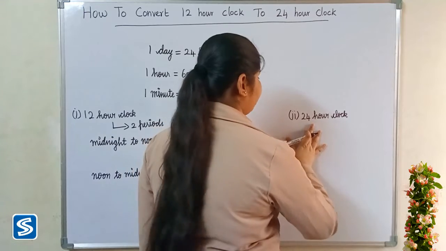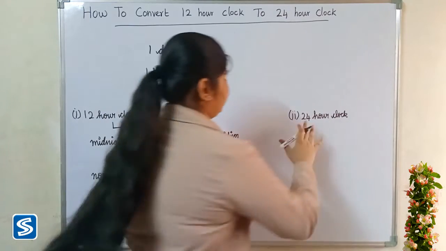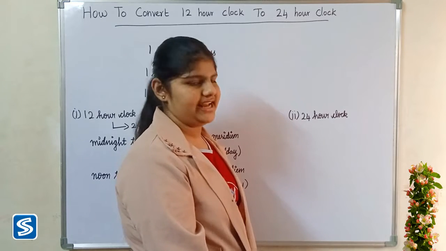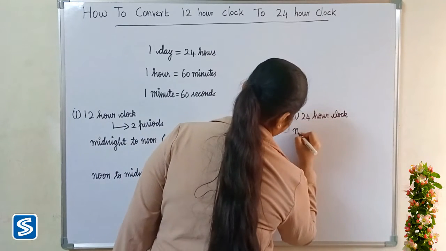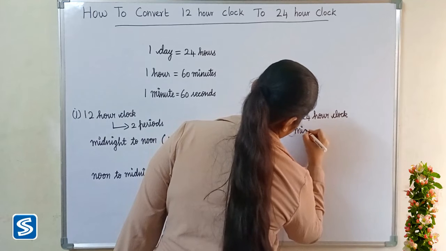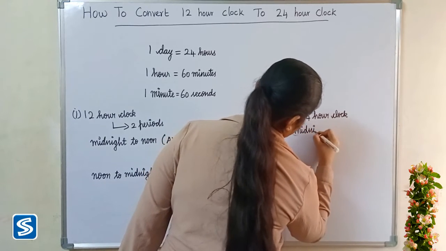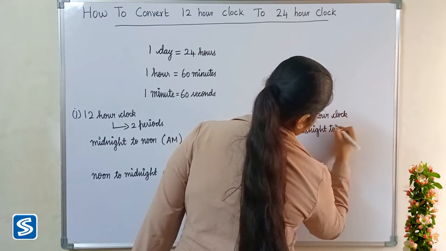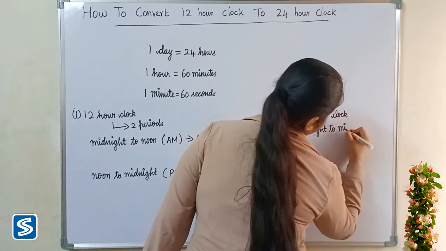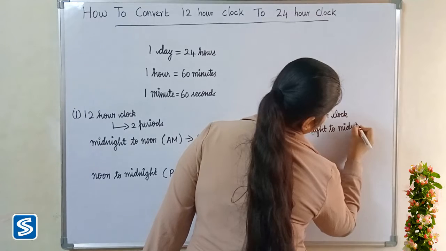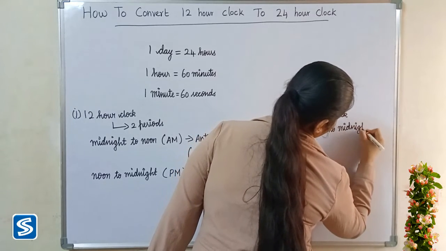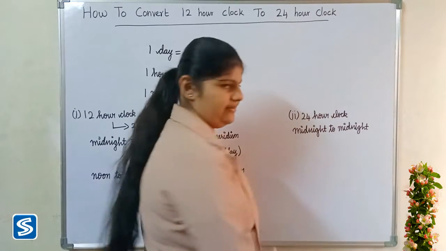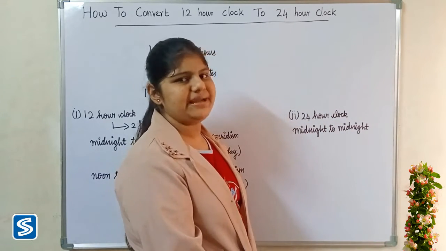Coming to 24-hour clock system. In 24-hour clock system, the time runs from midnight to midnight. There is no AM and PM label.